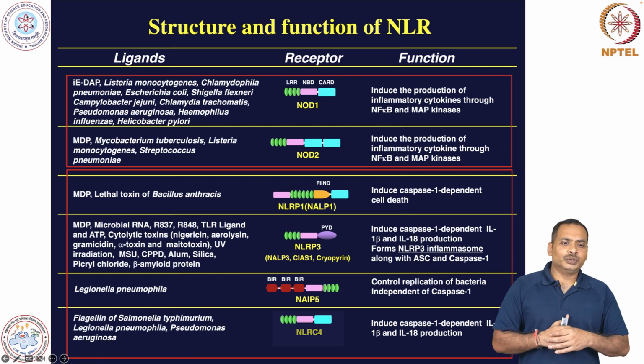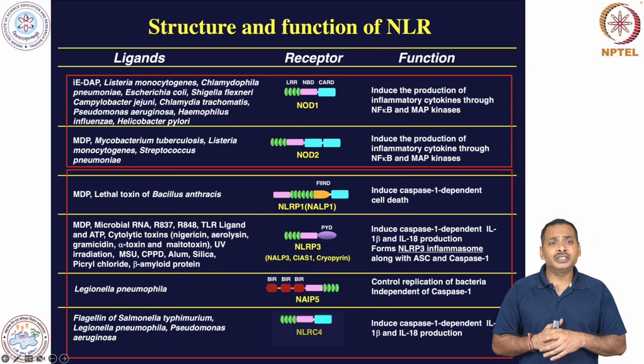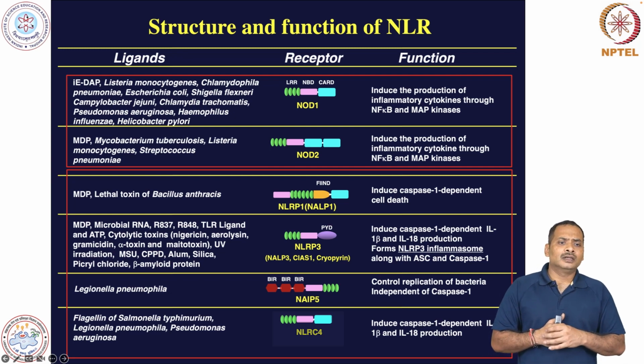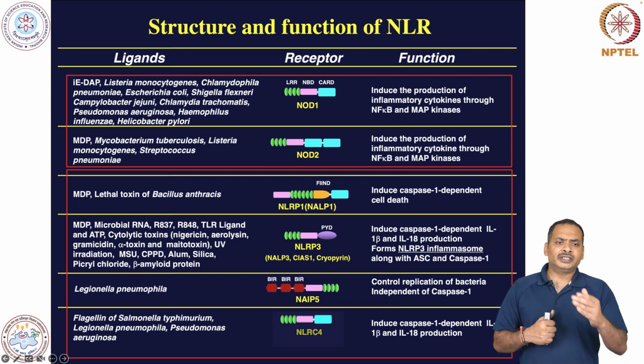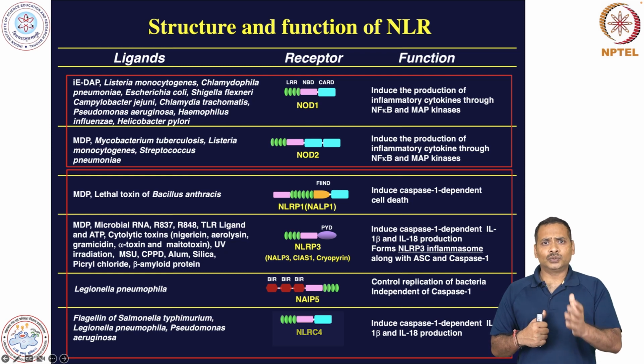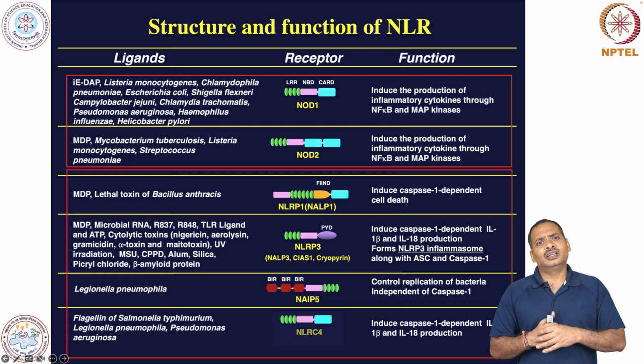Here I am naming a few of the ligands. Here you can see, they can sense MDP, microbial RNA, R837 and R848, these are ligands which activate TLRs also.